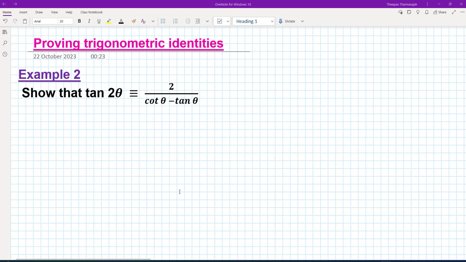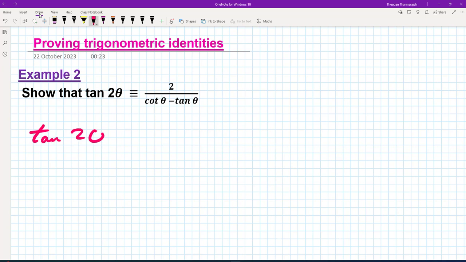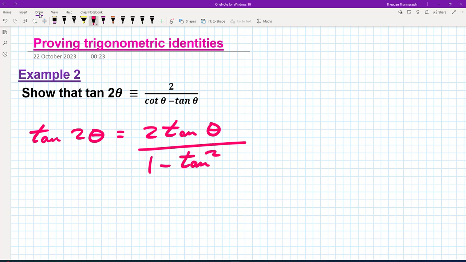Here's the next example. We need to show that tan 2 theta is 2 over cot theta minus tan theta. So what we're going to do here is write out what tan 2 theta is. Well, tan 2 theta is exactly the same as 2 tan theta over 1 minus tan squared theta.